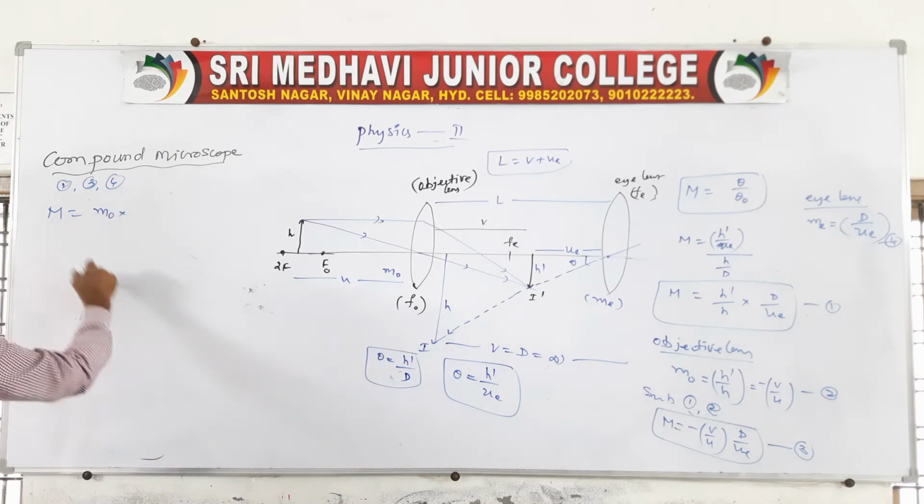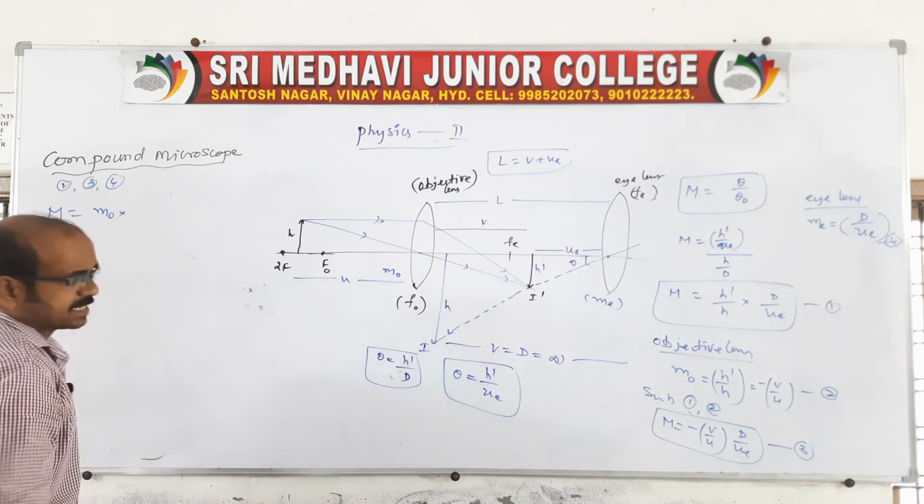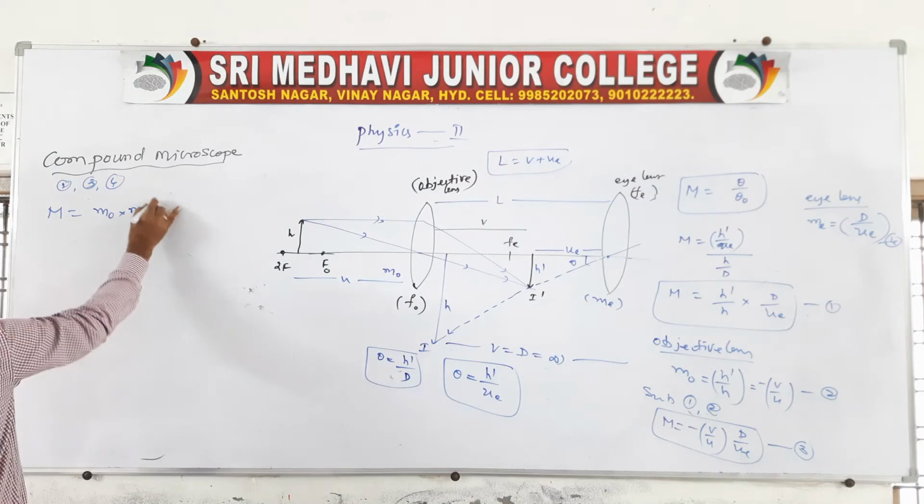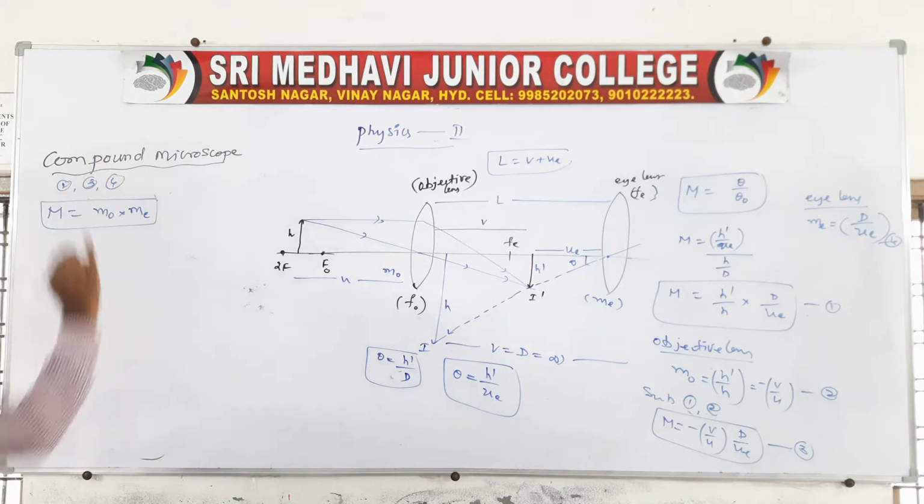It is the magnification of the objective lens, and D by UE is nothing but the magnification of the eye lens, ME. This is the overall magnification by using the compound microscope. Clear? So we know also the size of the image as well.